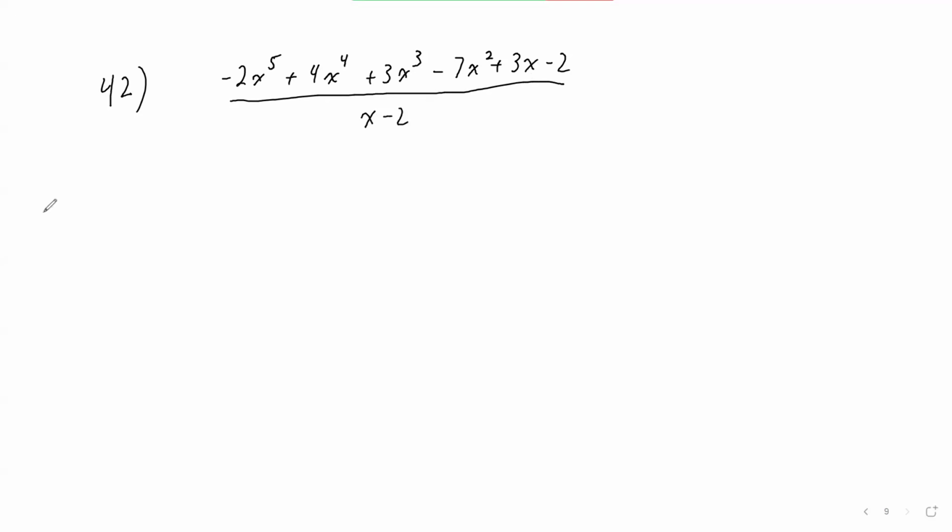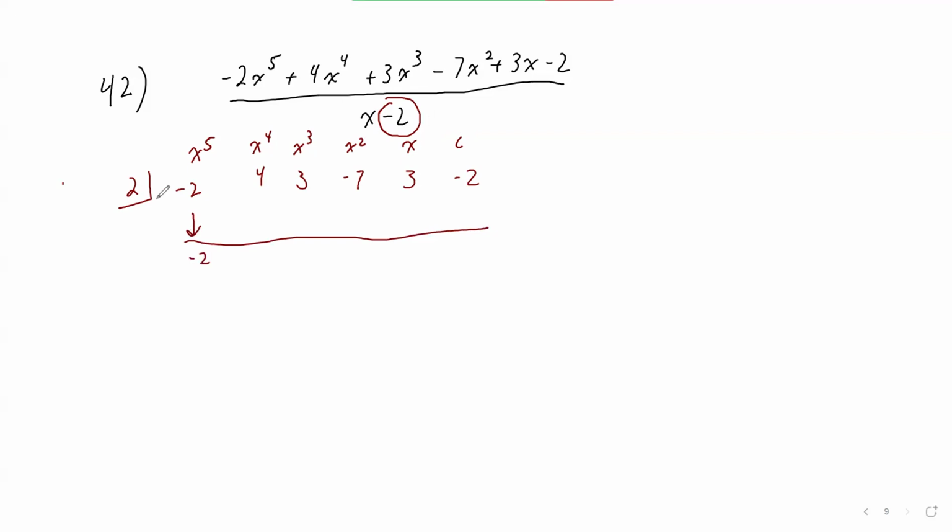So again, in this situation, this is a factor, so I will change the sign. So 2 will go into the window. X to the 5th is negative 2. X to the 4th is 4. X cubed is 3. X squared is negative 7. X is 3. And my constant's negative 2.